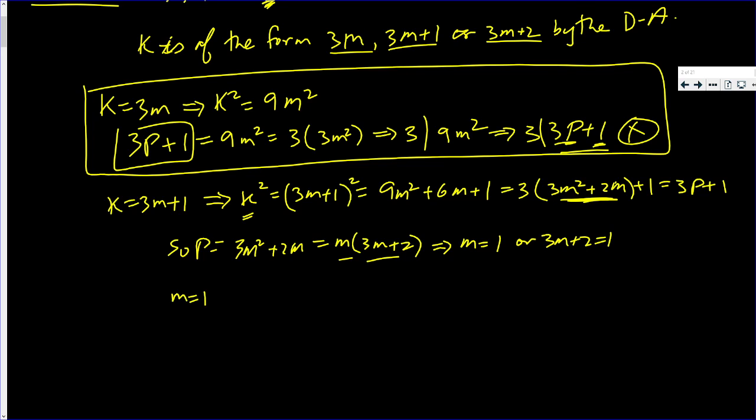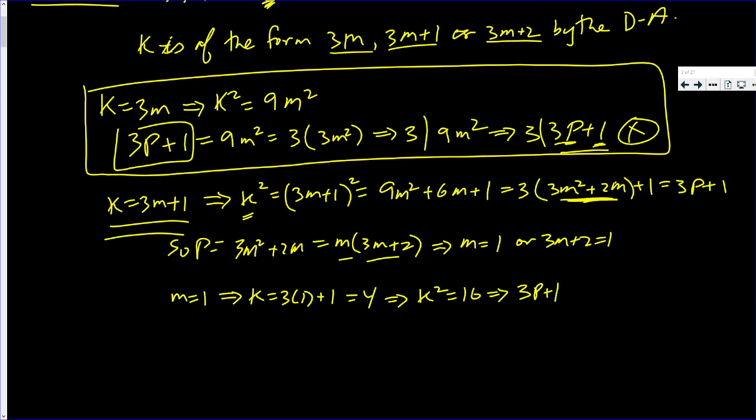If m is 1, that implies that k is 3 times 1 plus 1, which is 4, which implies k squared is 16. So we want 3p plus 1 to equal k squared. So that must be 15, because we all know 15 plus 1 is 16.